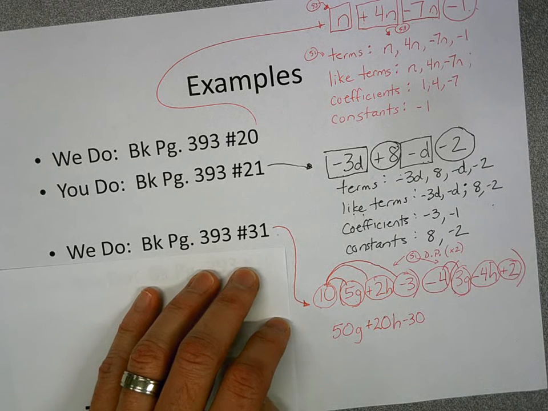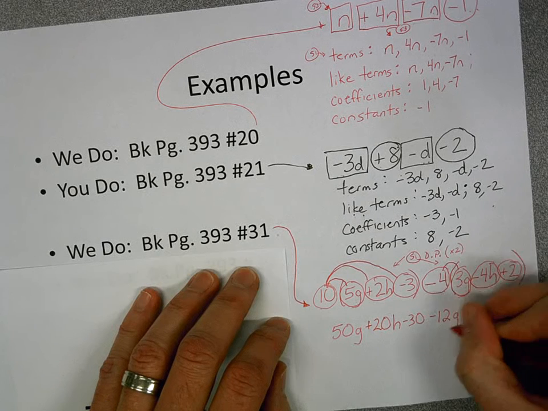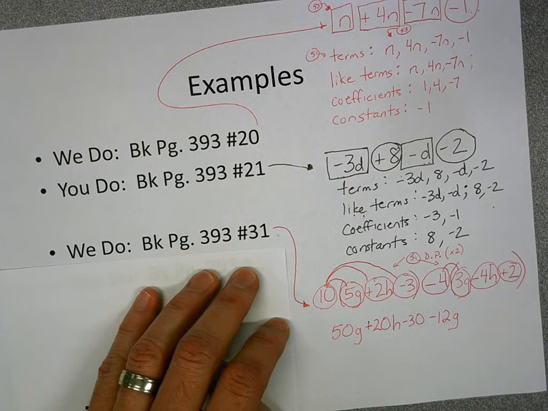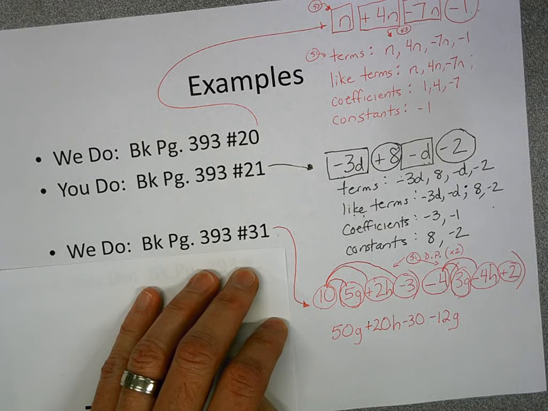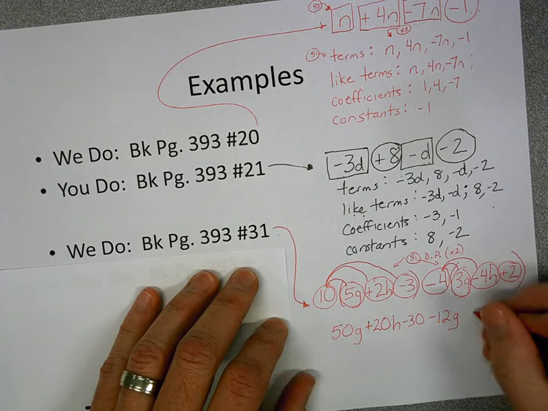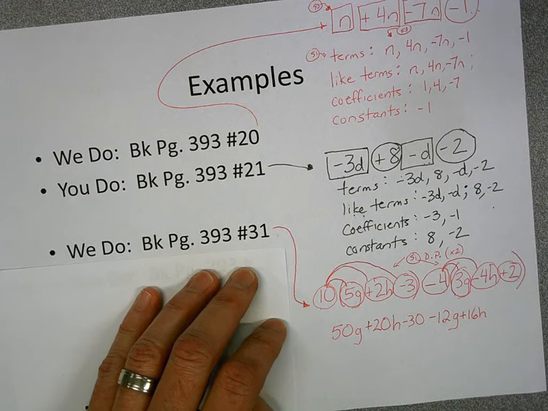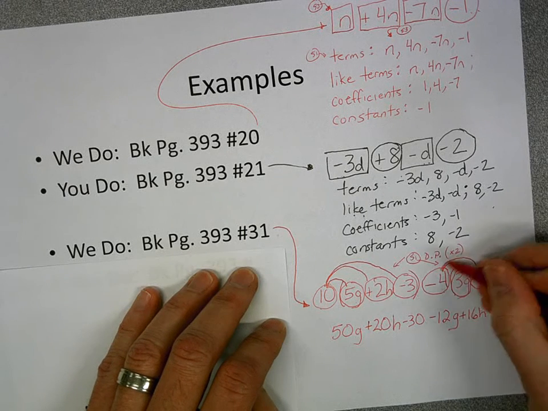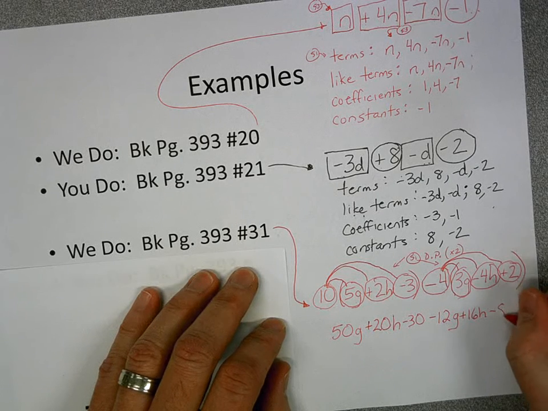Well, negative 4 times 3 is negative 12, so negative 12g. I write that down right next to it. Negative 4 times negative 4h is positive 16h. And negative 4 times positive 2 gives me a negative 8.